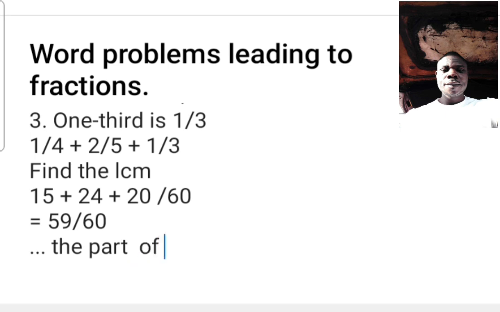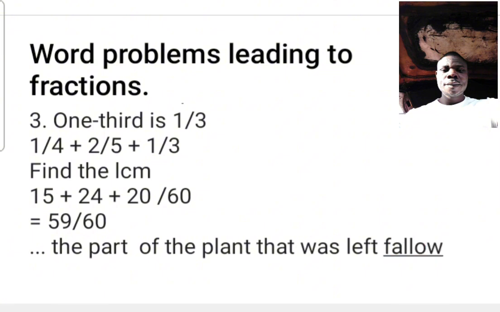Now, the part of the plant that was left fallow will now be what? 1 minus 59 over 60.